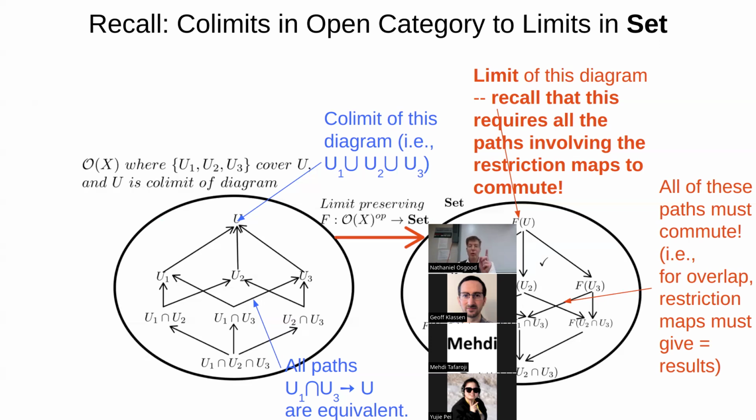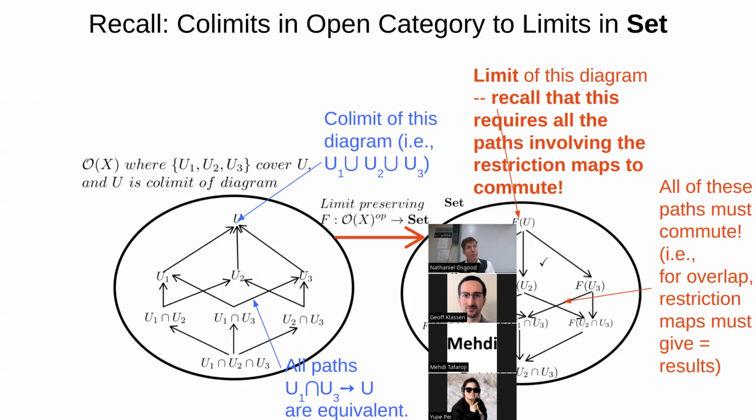No. It's going to be those that give a common assignment of values to their intersection, and same thing for U1 and U3 and U2 and U3. This is going to be the subset of the products of the sets over each of these points, such that all these commute. They all give consistent pictures, consistent values.